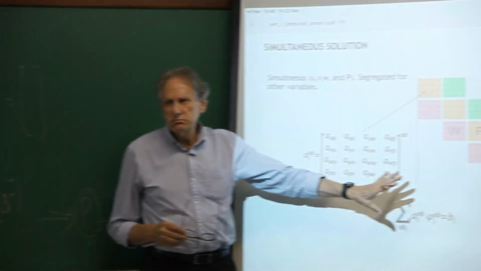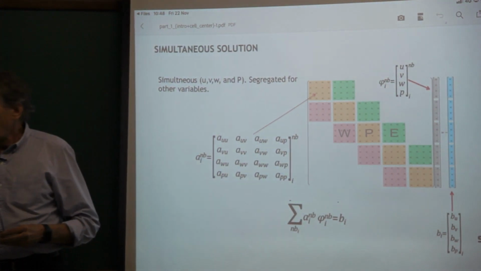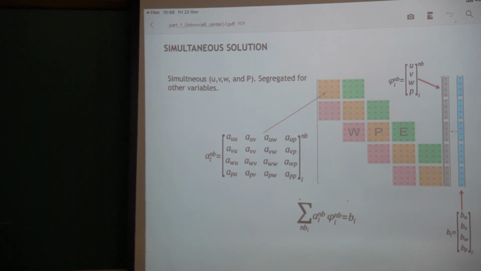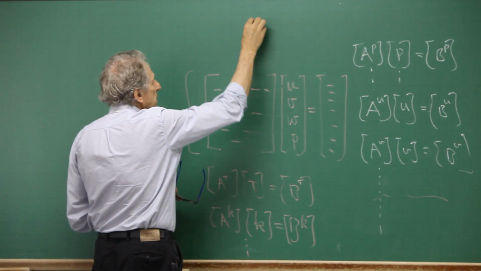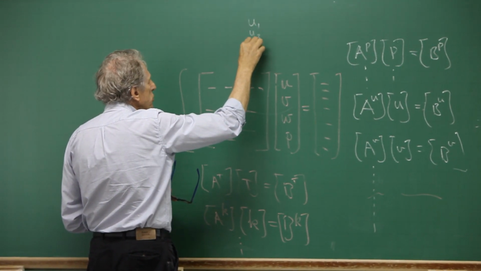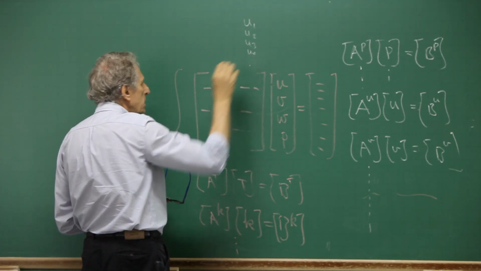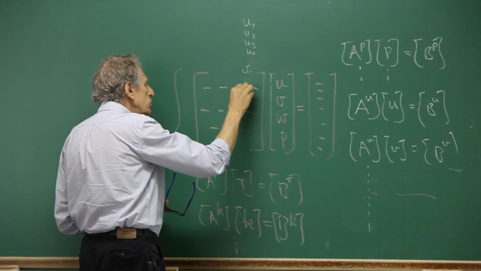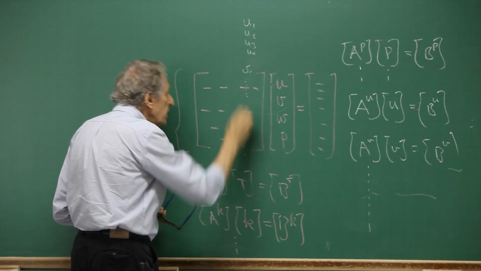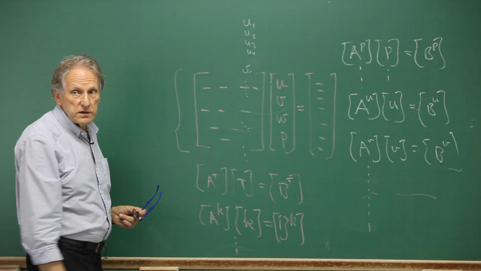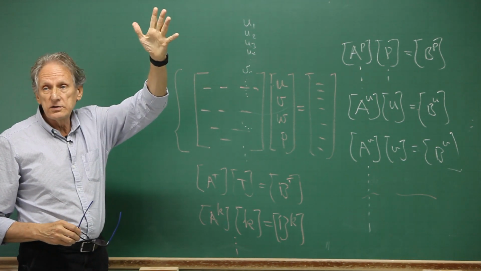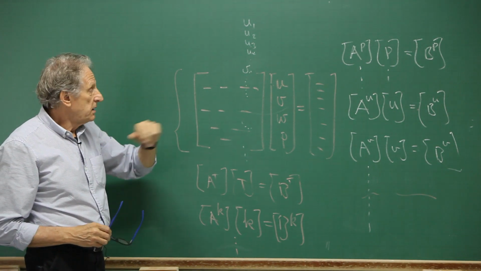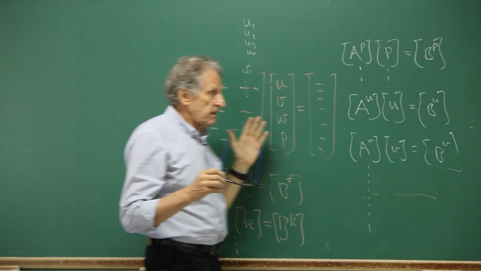It's a matrix there. Of course, this is written this way, but this is a vector: U1, U2, U3, U4, V1, V2, W1, P. So this is the system, right? Because when I solve, it is from one to millions of unknowns that you have. And then this is the matrix.